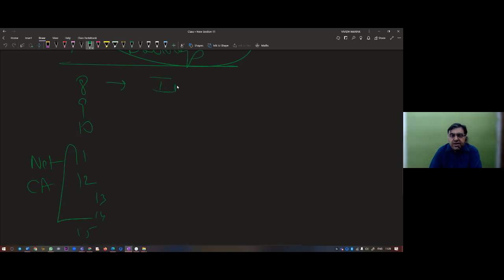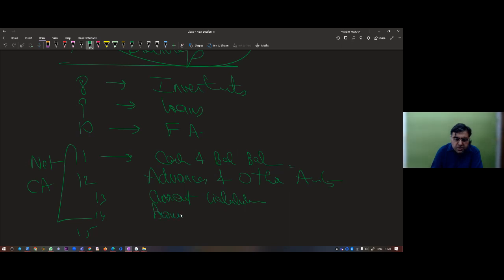8 is investments. This is application of funds. 9 is loans. 10 is fixed assets. 11 is cash and bank balance. 12 is advances and other assets. 13 is current liabilities. 14 is provisions. 15 is miscellaneous expenditure not yet written off.